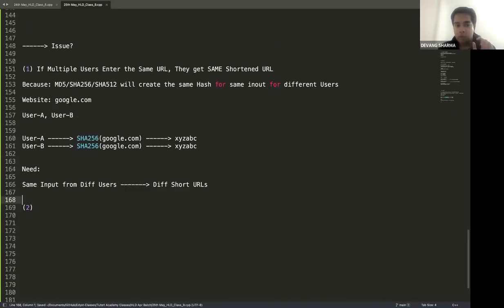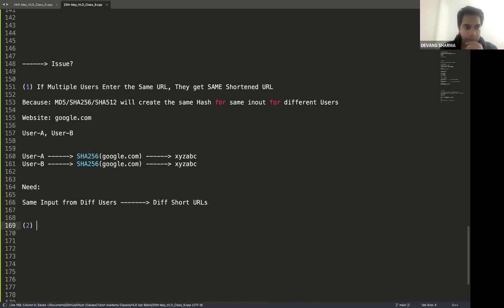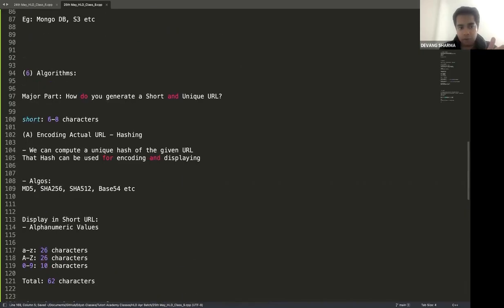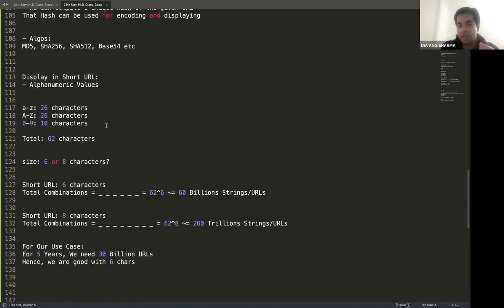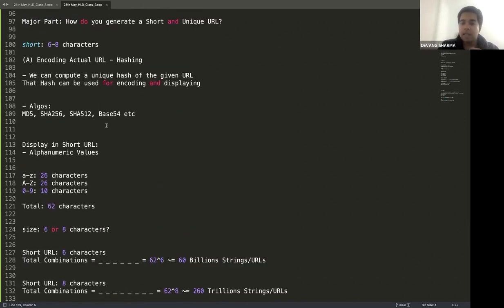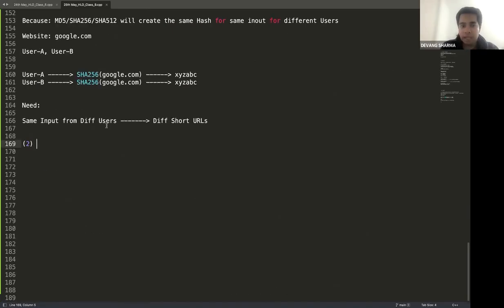Now that was one problem. There is another problem which nobody talked about, which I was expecting somebody would. This approach says a long URL comes, you put an encoding, and that encoding gives you a short URL. The second major problem is that the encoding you are doing is going to introduce some latency.